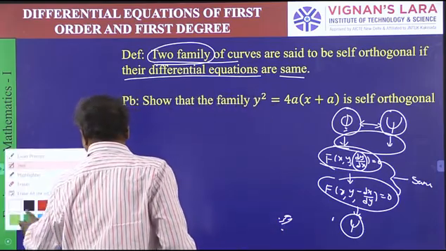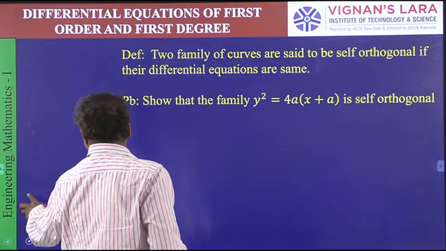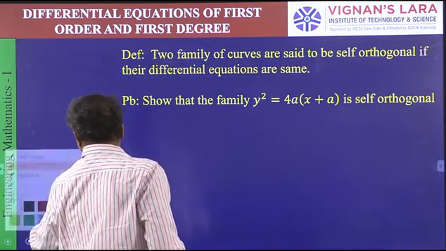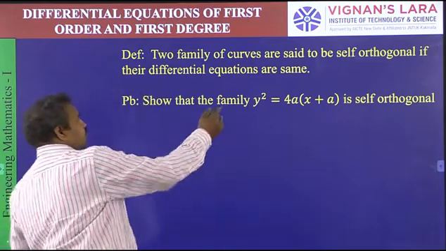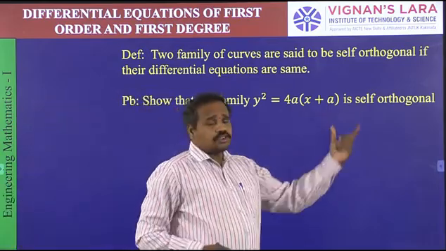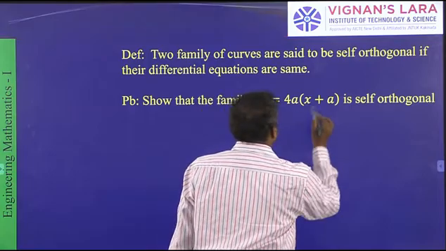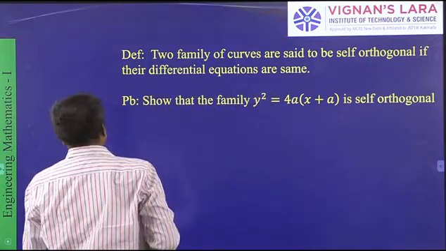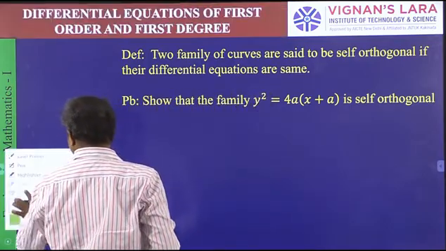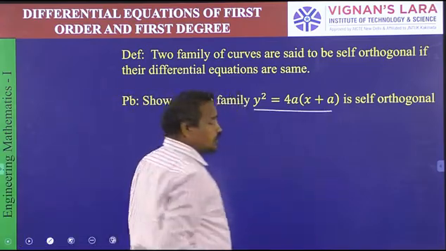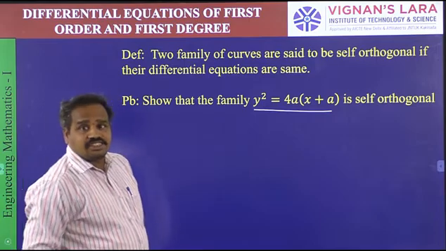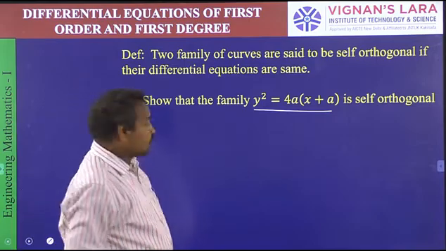Now here we are going through one of the problems. Show that the family y square is equal to 4a into x plus a is self-orthogonal.